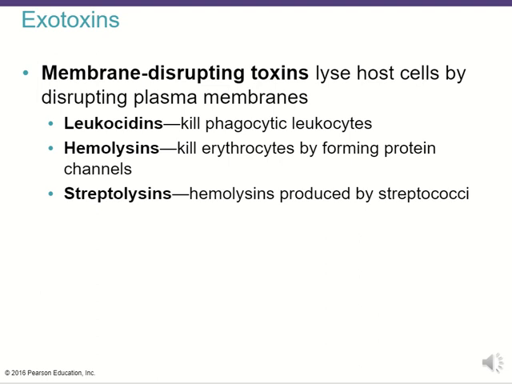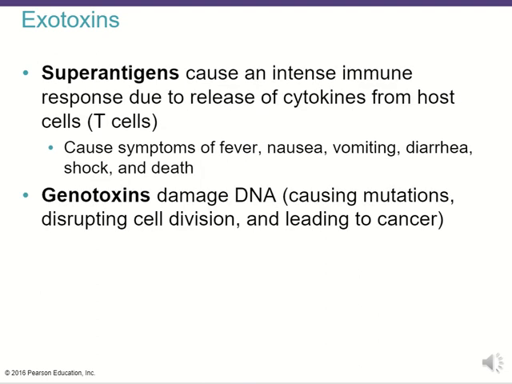And then there are streptolysins, these hemolysins that are produced specifically by streptococci. There are things called superantigens that cause an intense immune response due to release of cytokines from the host cells, such as from T cells.